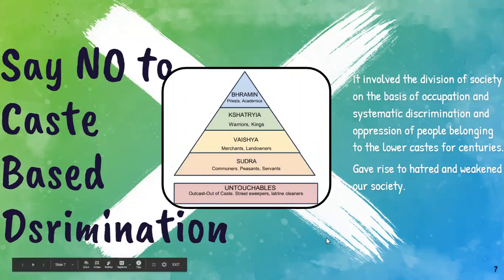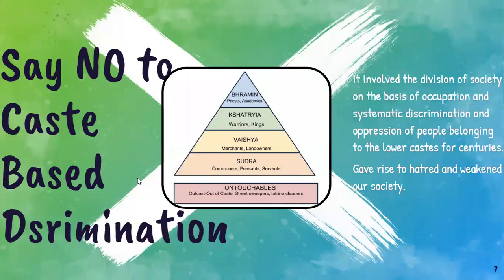This caste system, students, was a part of our Indian fabric for centuries. The hatred for the untouchables also heightened to the extent that people didn't even want to touch them. They did not want them near them.